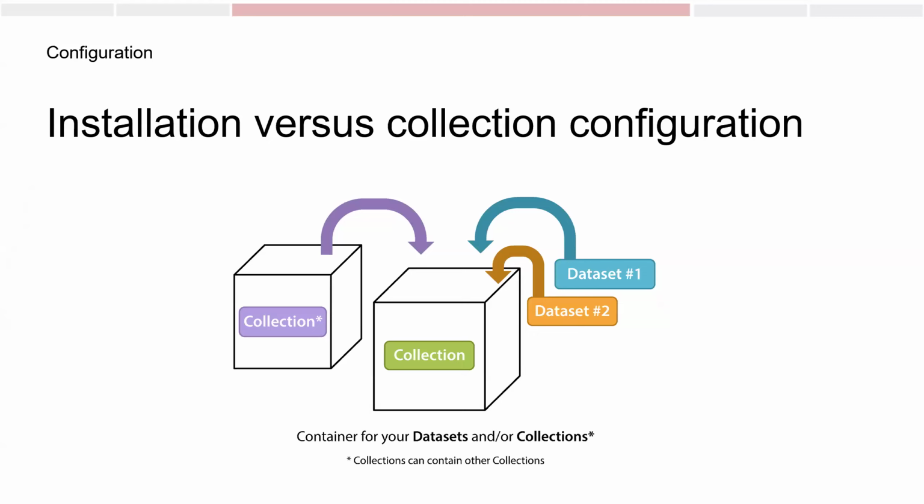We already saw this when I mentioned that we can tell Dataverse to allow only a certain collection within our installation to use a metadata block, but there's a lot more that you can do.